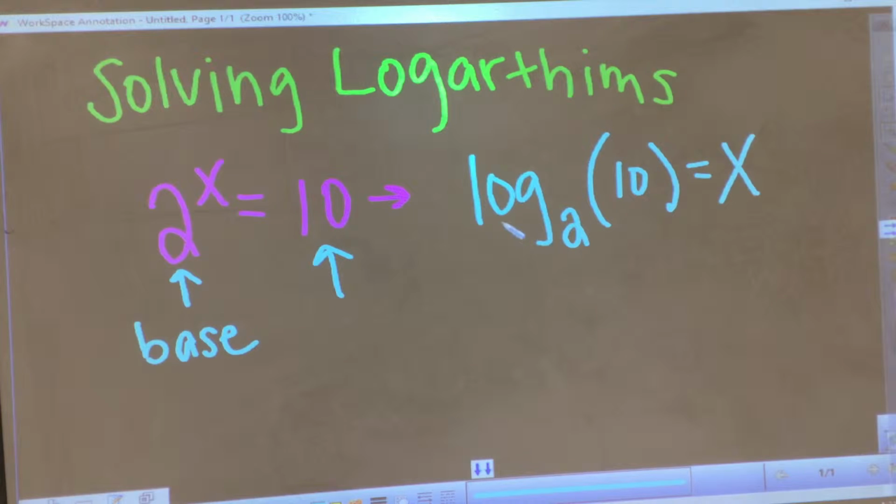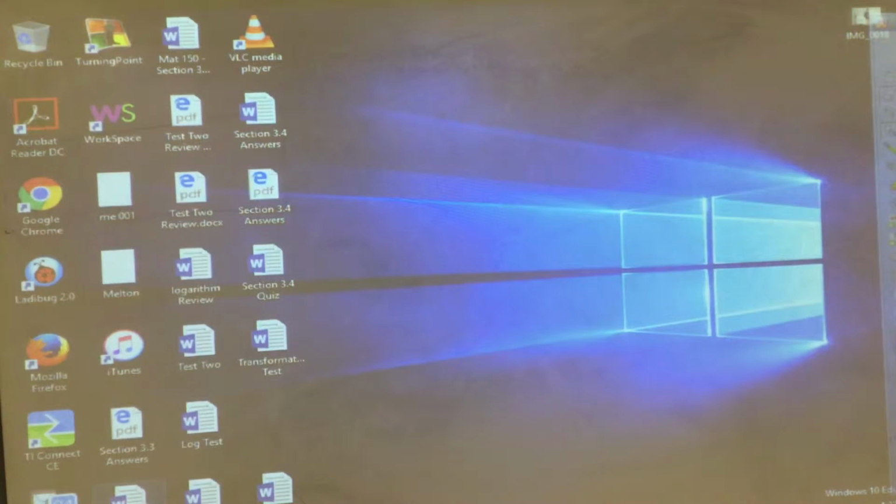So again, we say this log base 2 of 10 equals x, and we can use our calculator to figure out exactly what this decimal is.